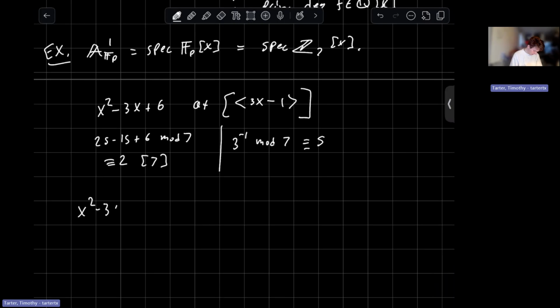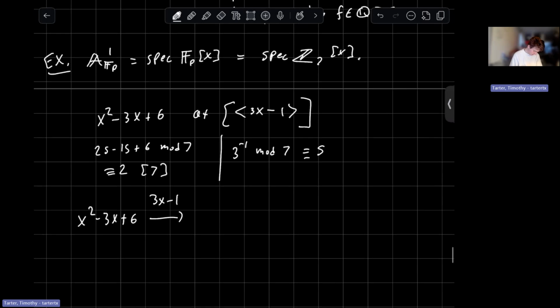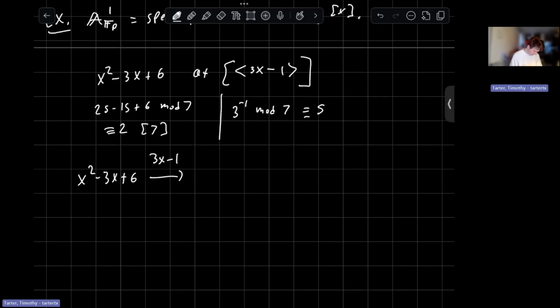Or equivalently, x squared minus 3x plus 6 reduces by 3x minus 1 to x squared minus 3x plus 6 minus 5x times 3x minus 1, and all this is mod 7.